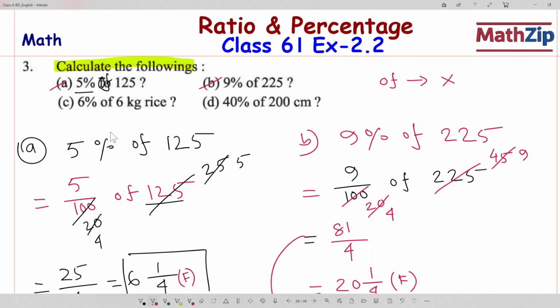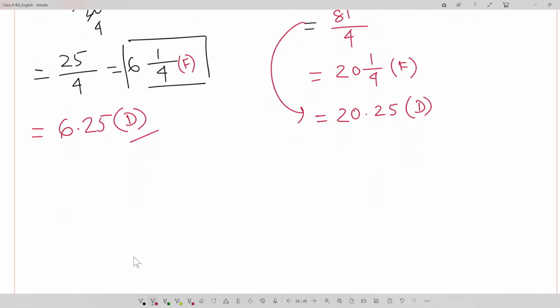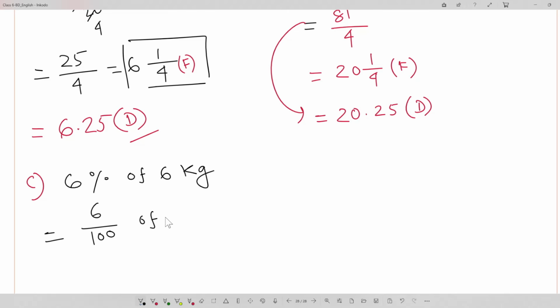Number C, here is 6% of 6 kg. So it's a similar thing. 6% we can write as 6 by 100 of 6 kg. We can divide this one by 2.